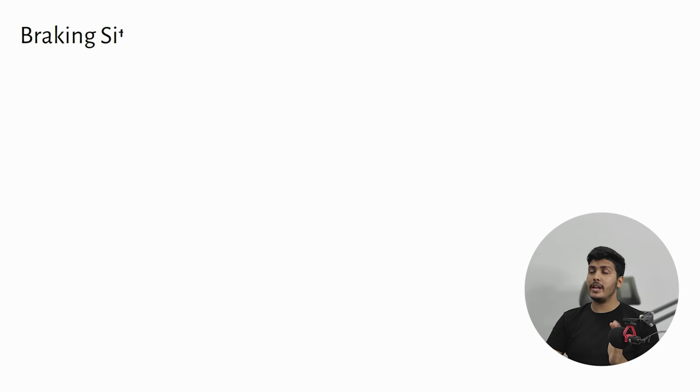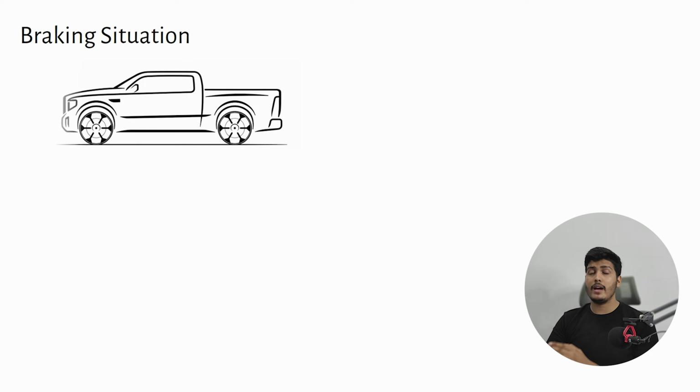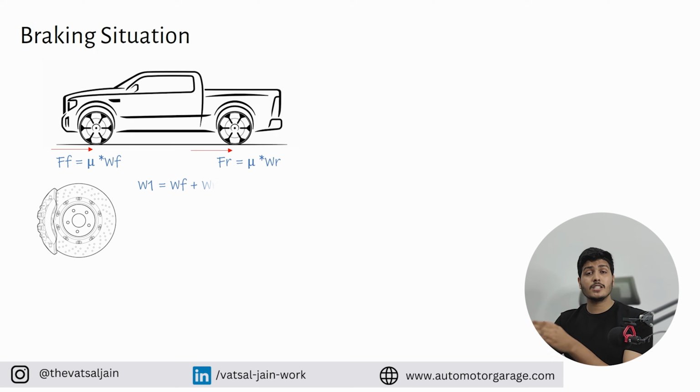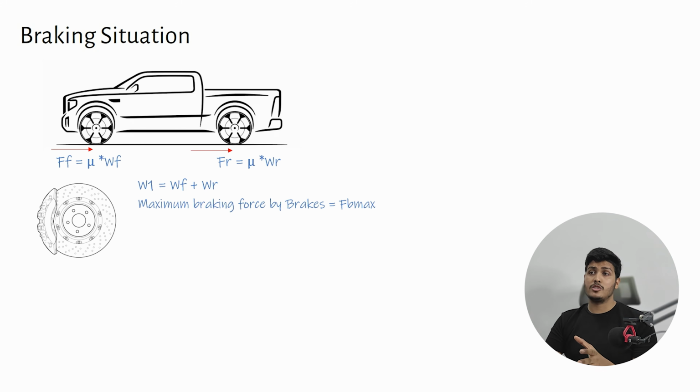Now, if we consider braking, the maximum braking force is given by Ff equals mu multiplied by Wf on the front wheel and Fr equals mu multiplied by Wr on the rear wheel. For example, consider a vehicle whose brakes are tuned to give the maximum braking force of Fb max and the stopping distance of d minimum. Here, Fb max balances the required front and rear braking force.